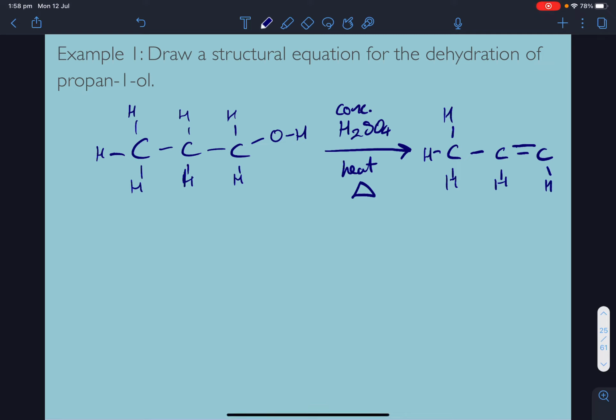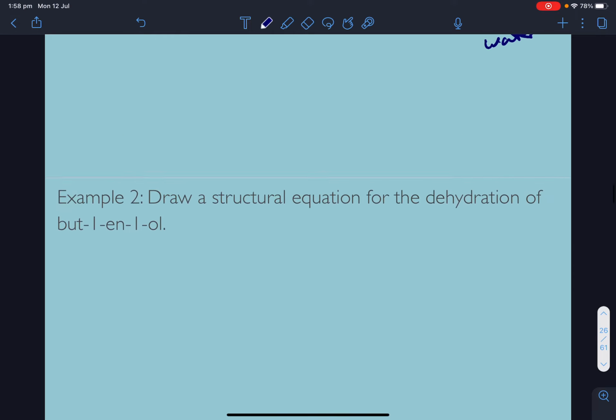And don't forget the water byproduct. So the propane 1-ol goes to propene and water.